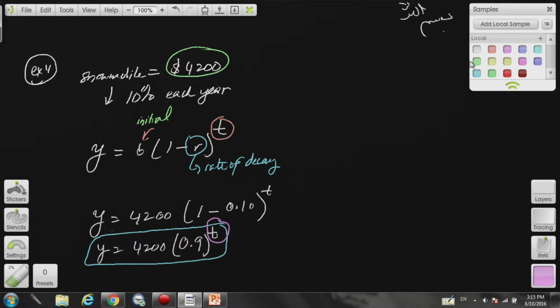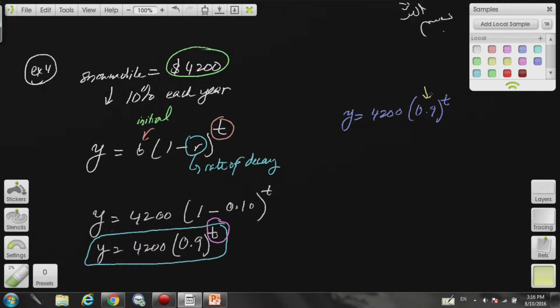Okay, so they ask us two questions here. First, I want to find out how much the snowmobile is worth, let's say, after 3 years. So here's the formula that we have derived.